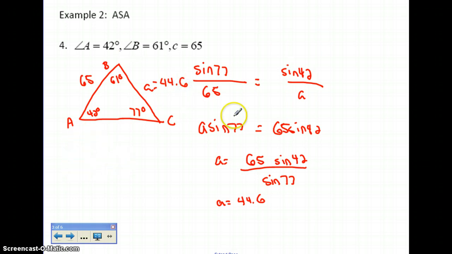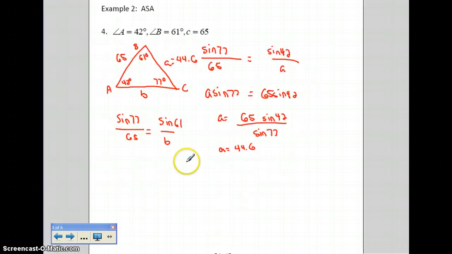So I'm going to set it up the same way. I'm just going to say sine of 77 over 65 equals the sine, in this case, of 61 over B. So I get B sine 77 equals 65 sine of 61.